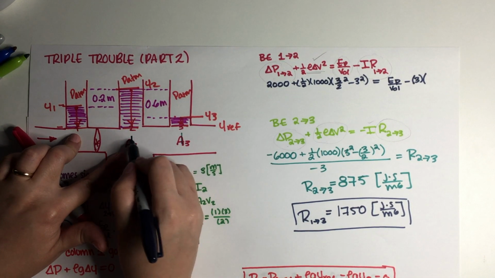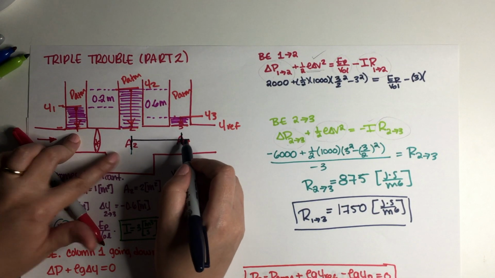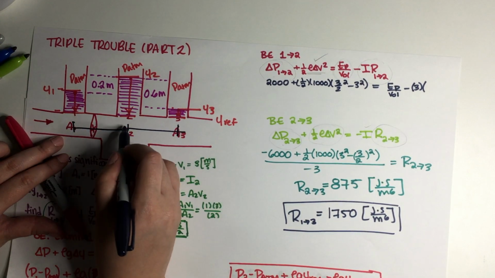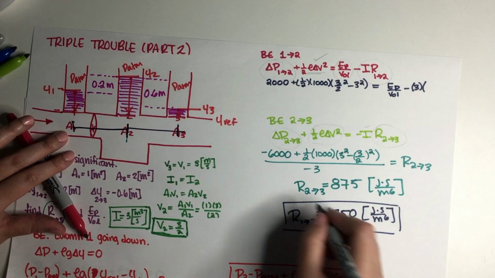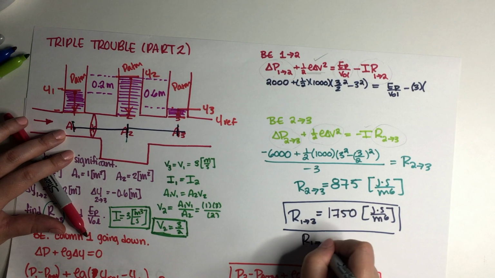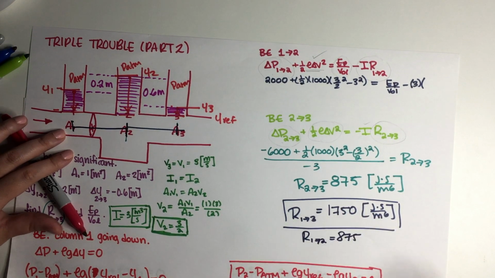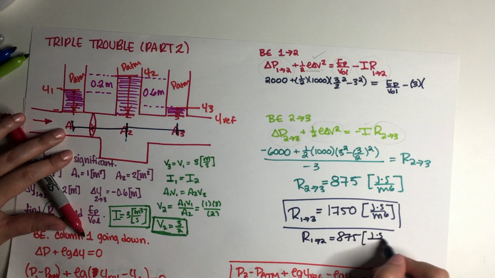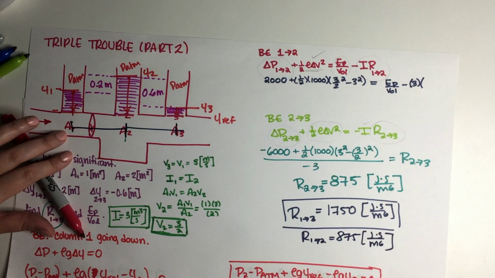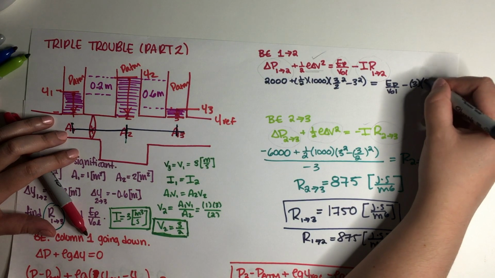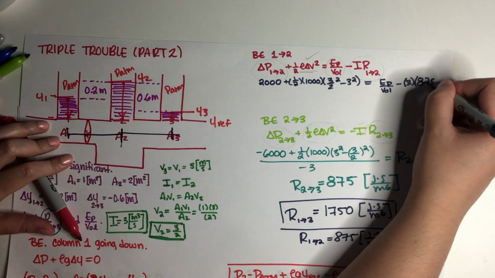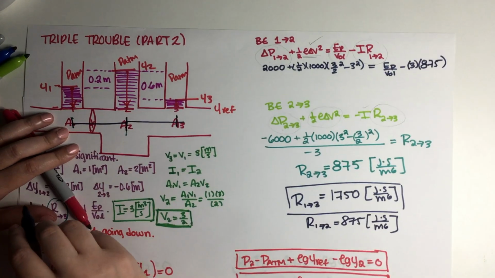So if the total resistance here is 875, then the total resistance here is also 875. So R from 1 to 2 is 875, so that they can add up to the total resistance, right? So I have to use 875 over here.